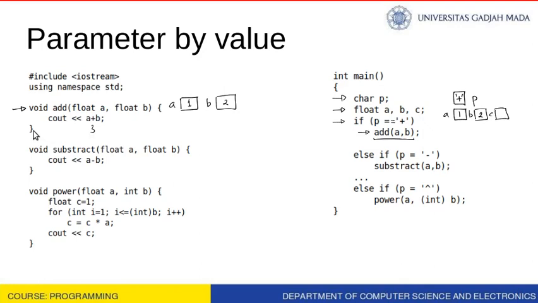After executing this function, this memory will be erased, and the program execution will go on. However, because this is else and the if is already true, it will jump to the last line. This is about parameter by value.